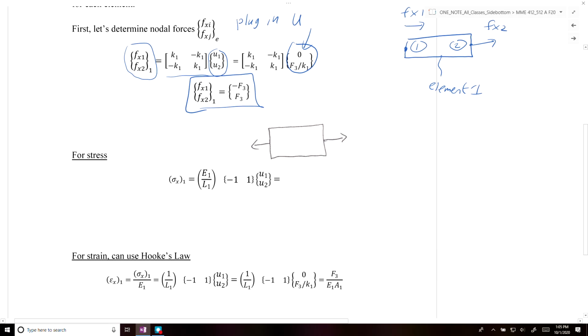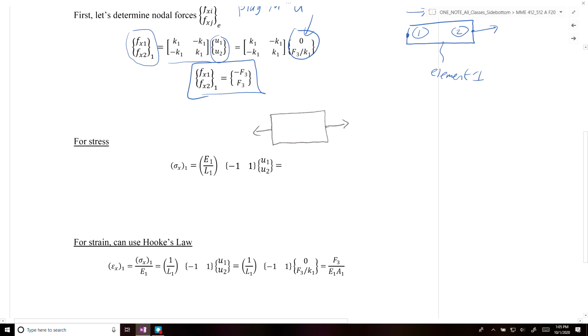All right. So to calculate the stress, we can use the following equation, where the stress within the element is equal to the elastic modulus of that element divided by the length of the element, times the second displacement minus the first displacement.